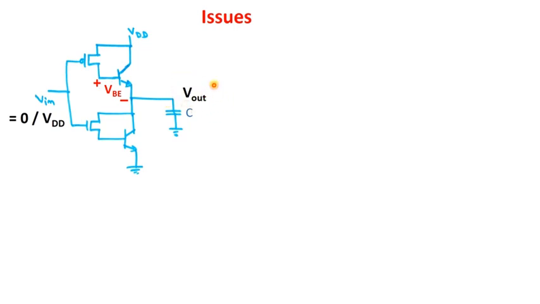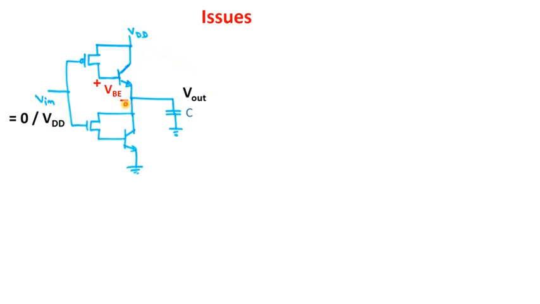Now when V out reaches VDD minus V of BE, the current flowing through this will be off, because at that point this NPN transistor will turn off, right? So the maximum voltage that V out can reach is VDD minus V of BE.